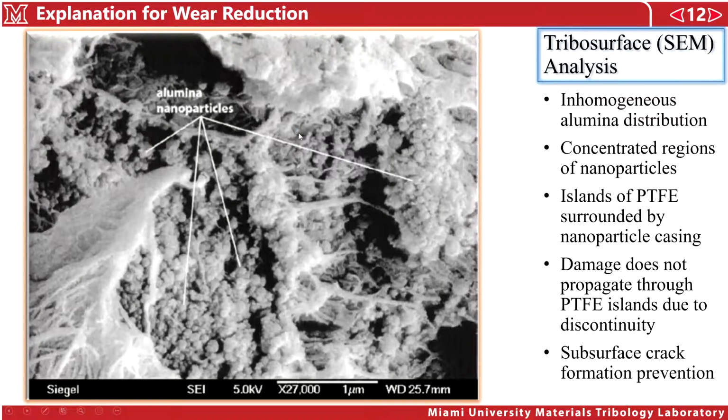So what that graph and this image suggest is that if you increase the amount of alumina particles, then there's even greater discontinuity between one PTFE island and another. This increase in disconnect would cause the wear to go even lower, so the damage will not easily transfer from island to island.